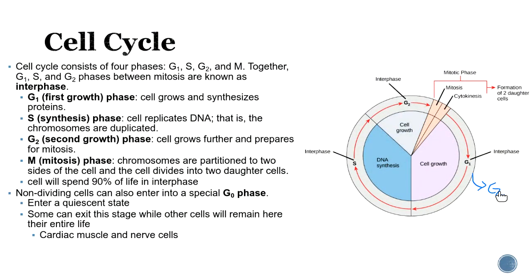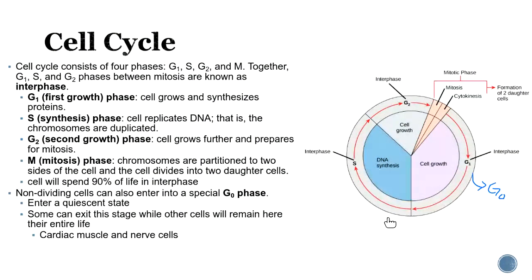That means they can just hang out there. Some of the cells that do this permanently leave and stay in that state. They know that they're never going to go through mitosis. Your cardiac muscle and nerve cells are permanently in G0. Some cells can hang out in G0 for a while, and then go back into G1 whenever they're ready. So G1 is just a good growth stage, kind of prepping and everything.